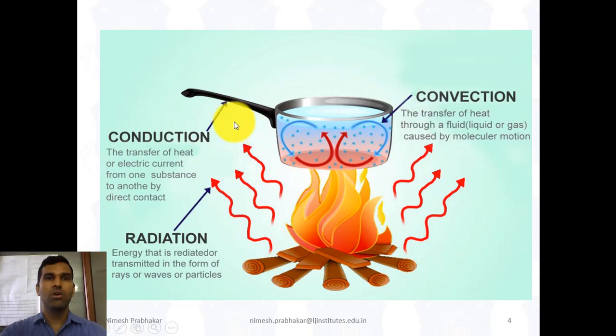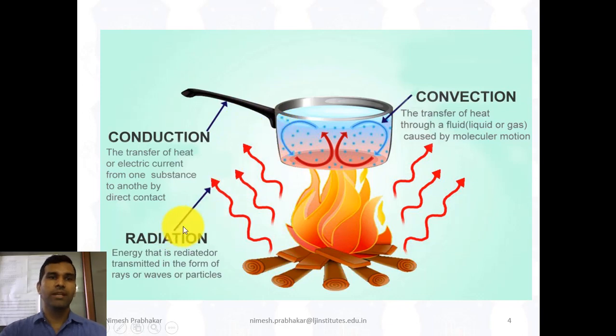That means because of conduction, here the handle of this device feels hot. Due to conduction, the temperature of this handle increases. So this is the basic conduction phenomenon.